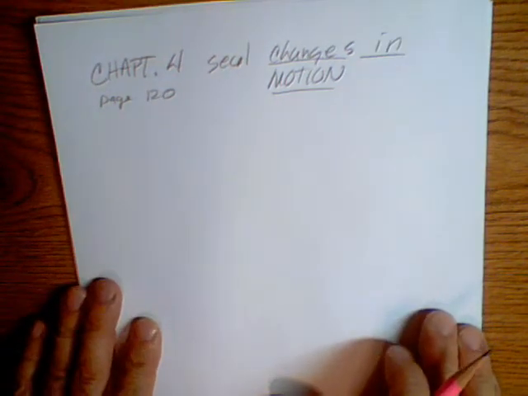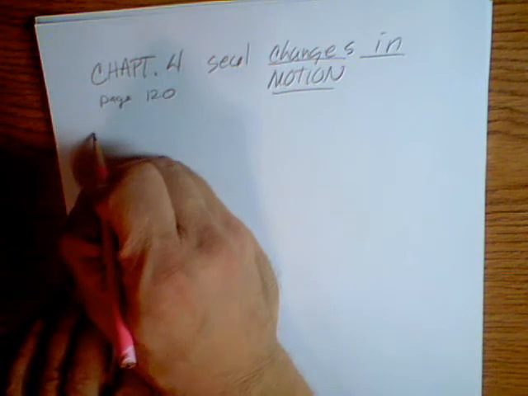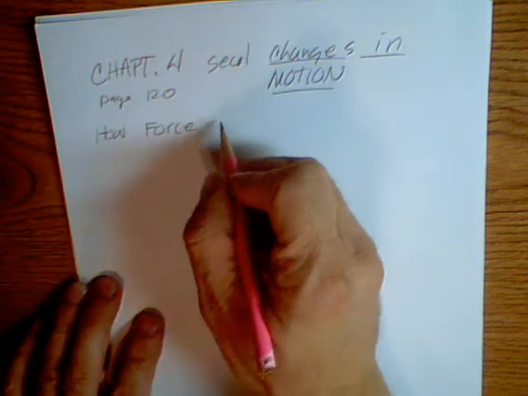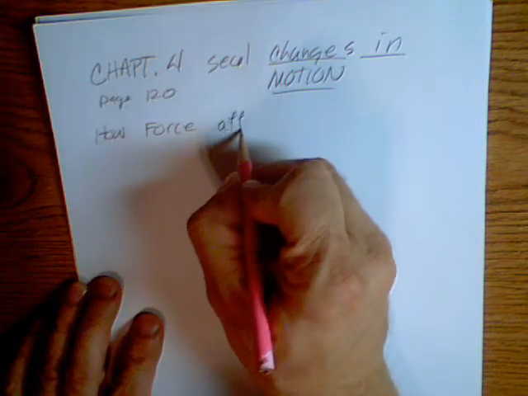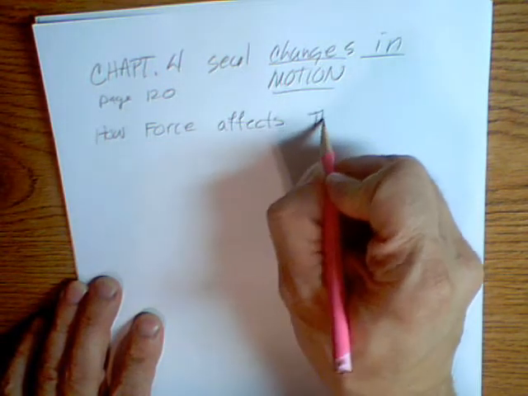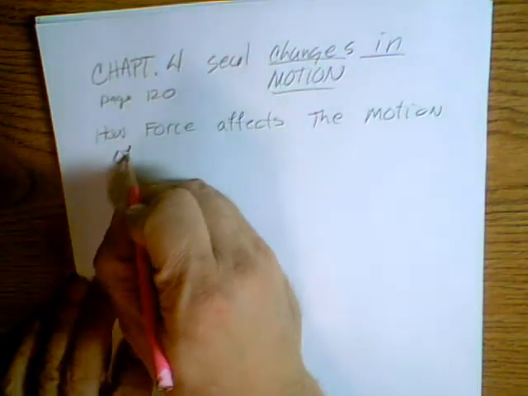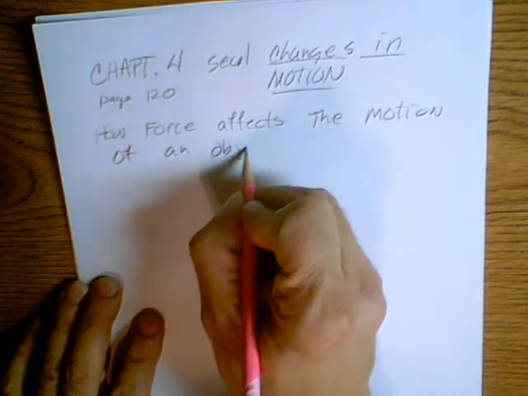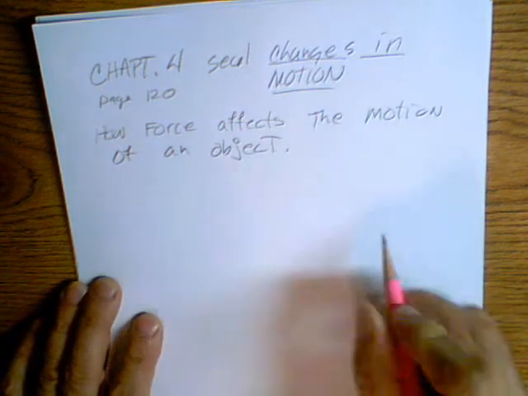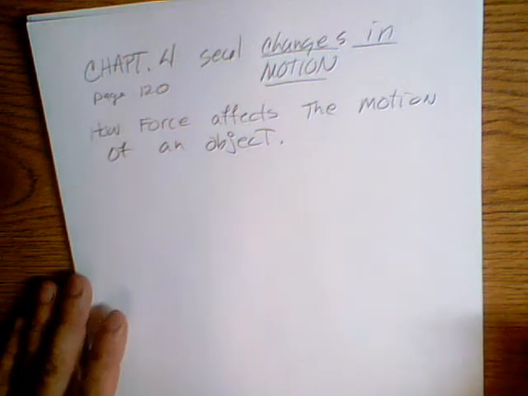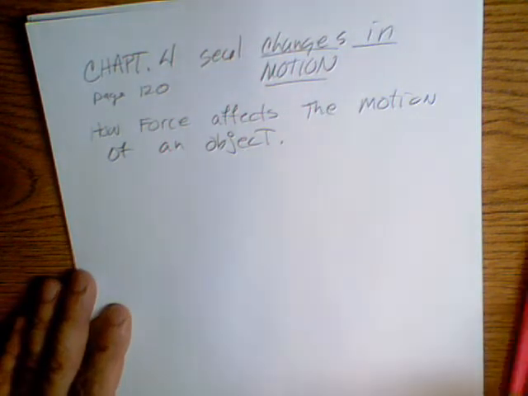Alright, so what we want to talk about is how force affects the motion of an object. We want to look at that very carefully. When you make contact with something, chances are you're applying a force.